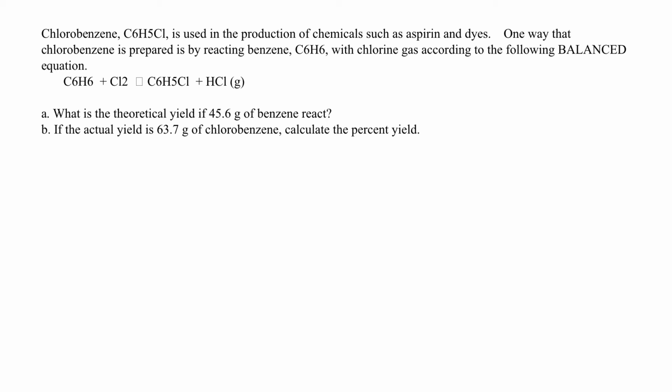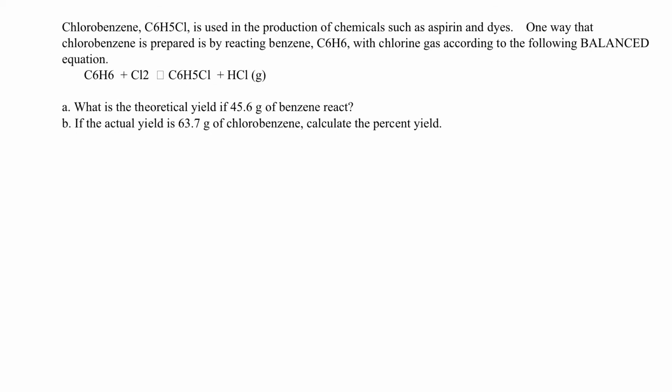So I'm going to write it down here. C6H6 plus Cl2 produces C6H5Cl plus HCl.